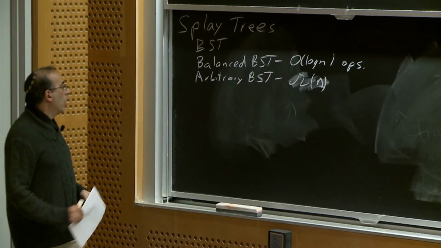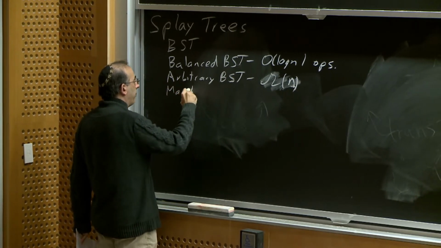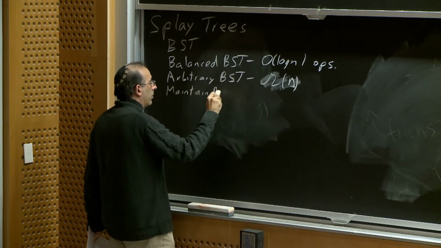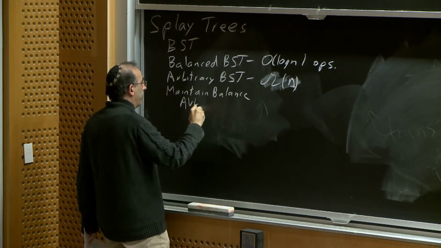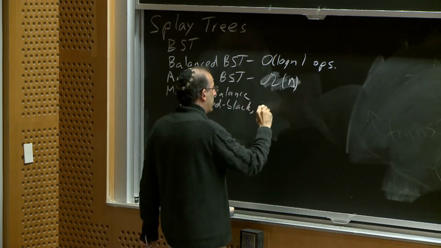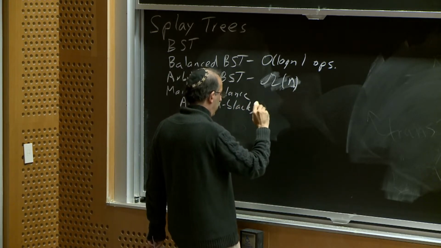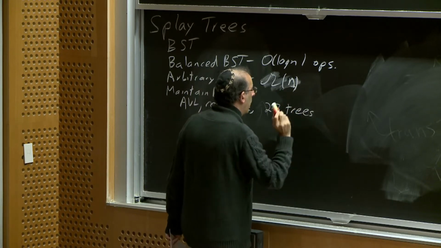And so there are all of these techniques for maintaining balance. Things like AVL trees, red-black trees, 2-3 trees, and so forth.